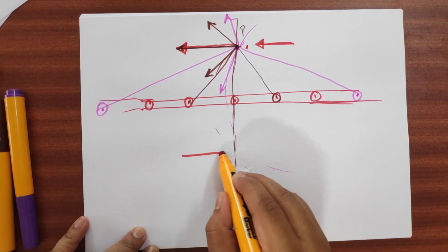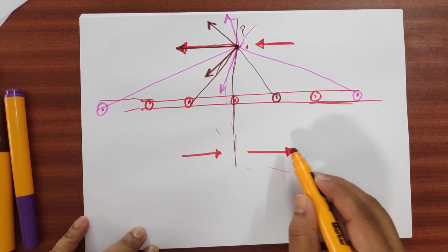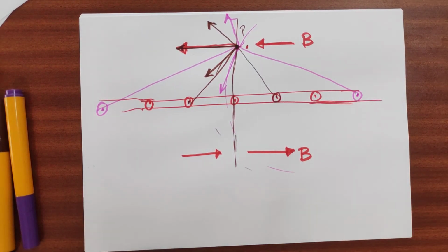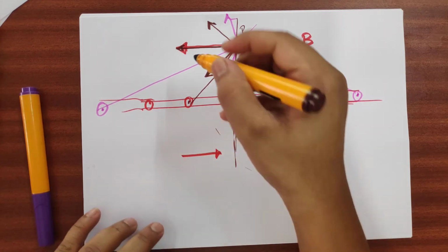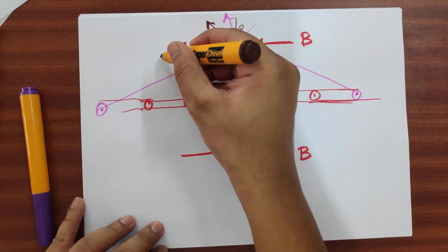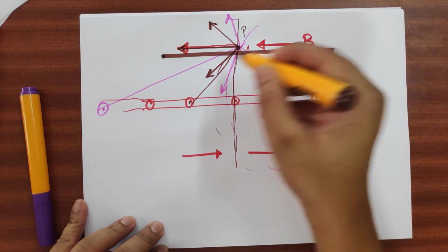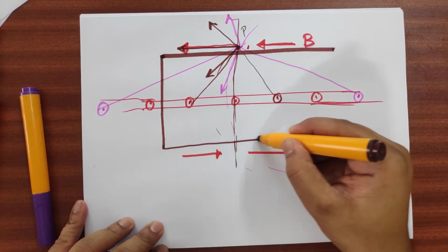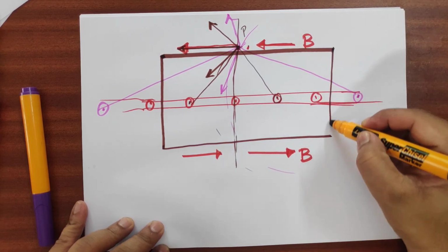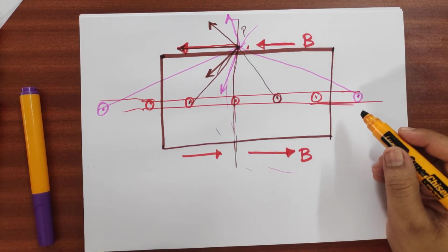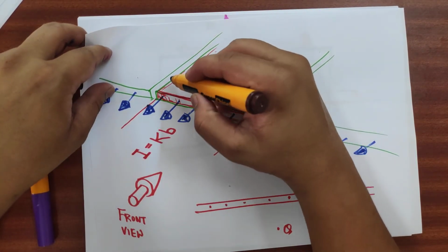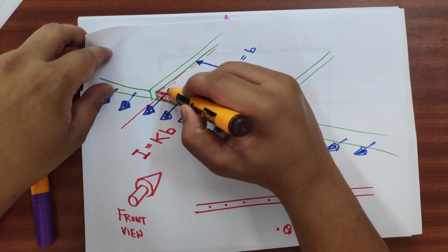On the bottom part this is the direction, and these two are equal, obviously. This is B and this is B. So we'll take an Amperian loop like this, again a rectangle. In this diagram, what will be the Amperian loop? Like this, right?